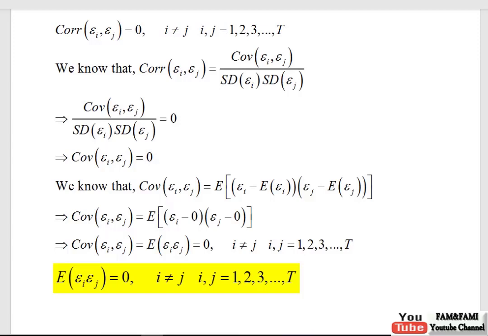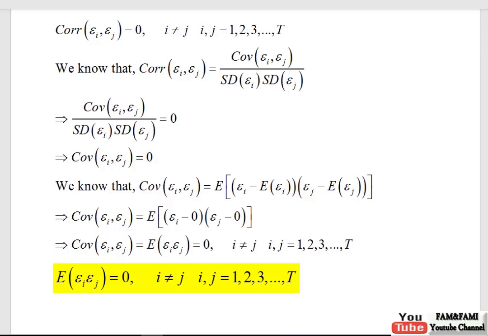So when i is 1, j cannot be equal to 1, so j will be 2. So expected epsilon 1 epsilon 2 is 0.